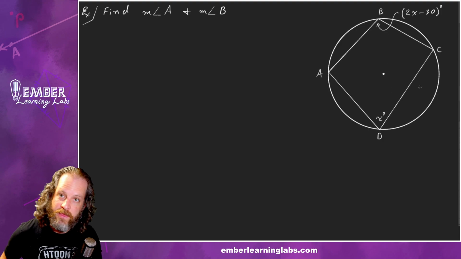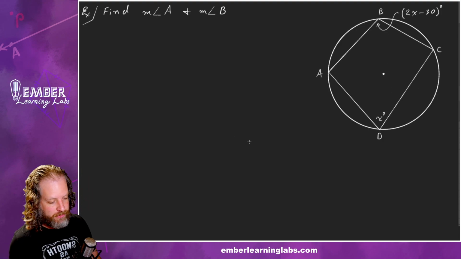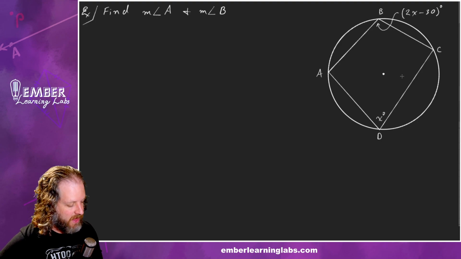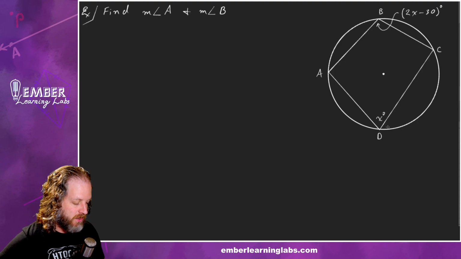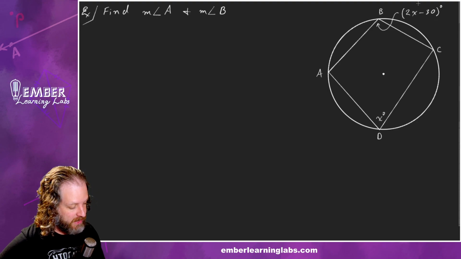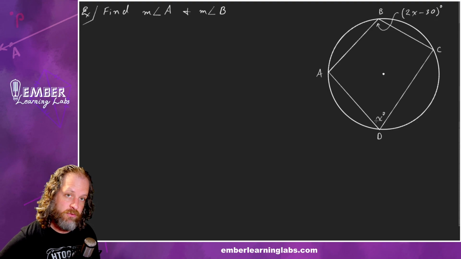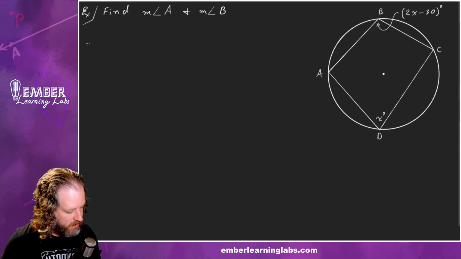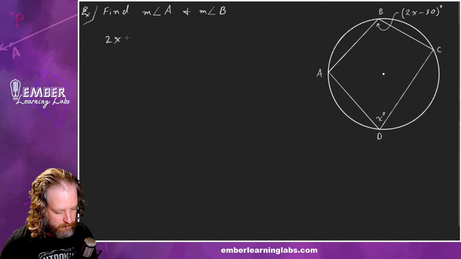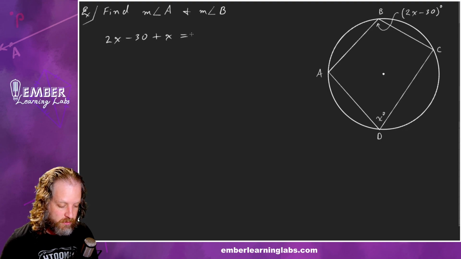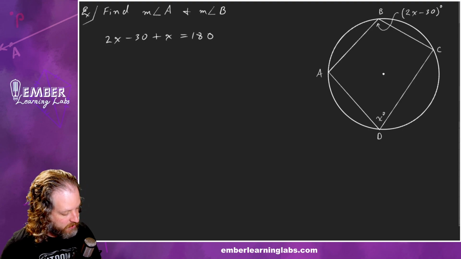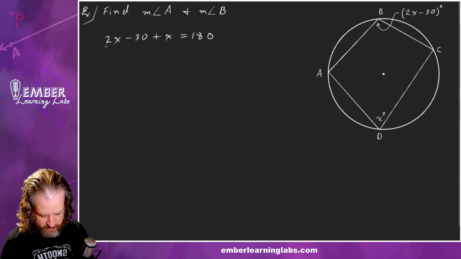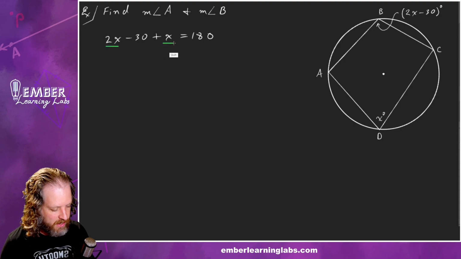The inscribed quadrilateral theorem says that opposite angles are supplementary. So we can take this plus this equals 180, and we can get x. So 2x minus 30 plus x equals 180. We have to combine like terms here. There's a 2x and an x.